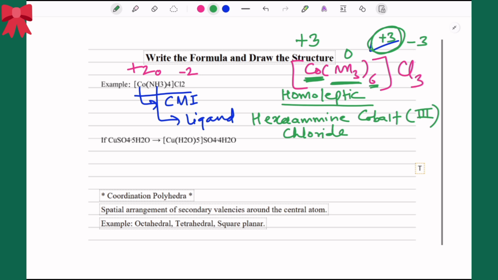But if it is in the anionic bracket, then you name that metal with an ending of -ate. Cobalt becomes cobaltate, iron becomes ferrate, silver becomes argentate, lead becomes plumbate, aluminium becomes aluminate. In this way you have to modify your name. So this compound is hexaamminecobalt(III) chloride.